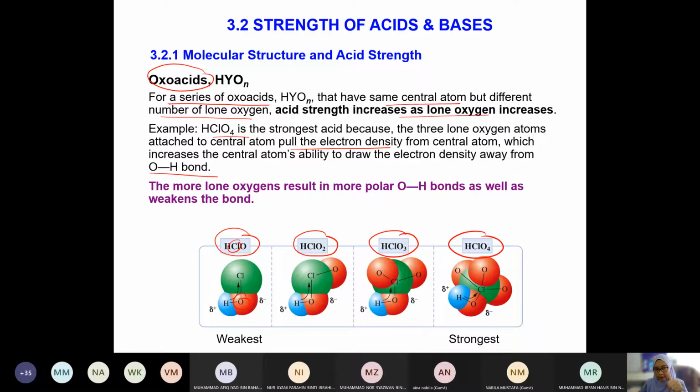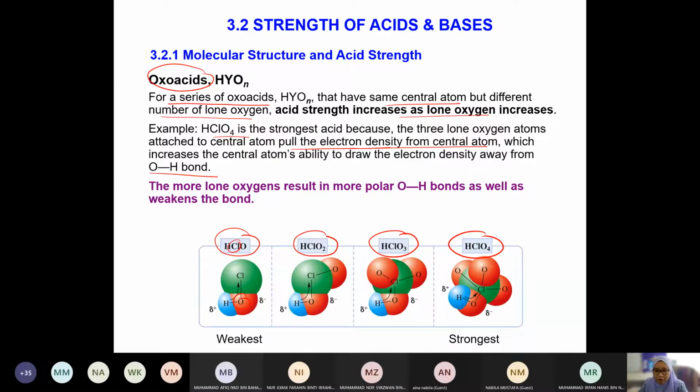Okay, ranking dia fluorine, oxygen and nitrogen. So when you have oxygen ataupun most electronegative atom surrounding an atom, atau in this case surrounding the chlorine, so what actually happen is that oxygen tu dia menarik, okay, dia pull the electron density from central atom.